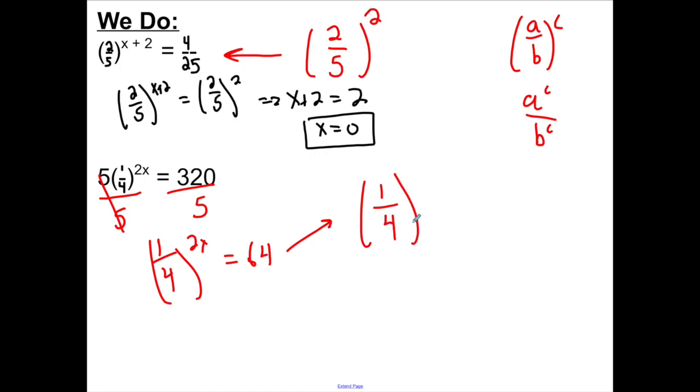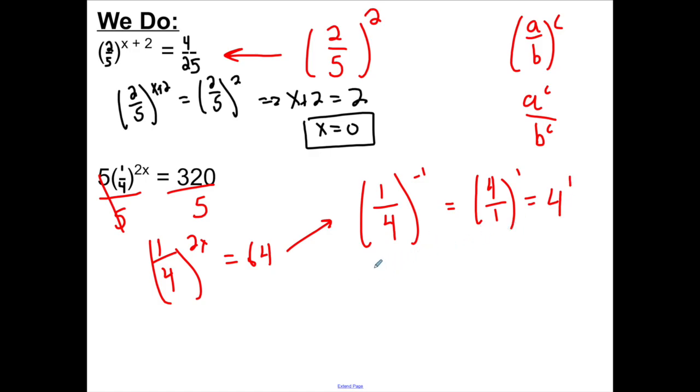Just remember, what's the trick to getting that 1/4 to turn into a whole number? It's to make the power negative. Because remember, 1/4 to the power of negative 1 is equal to 4 over 1 to the power of positive 1, which equals 4 over 1, right?